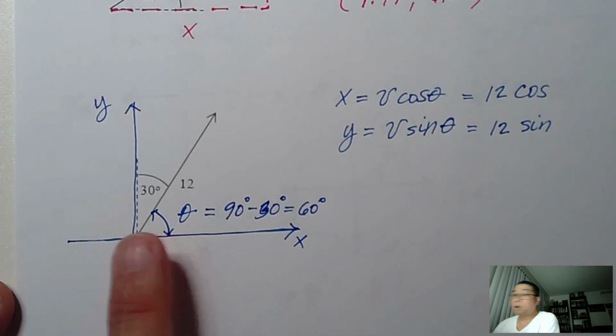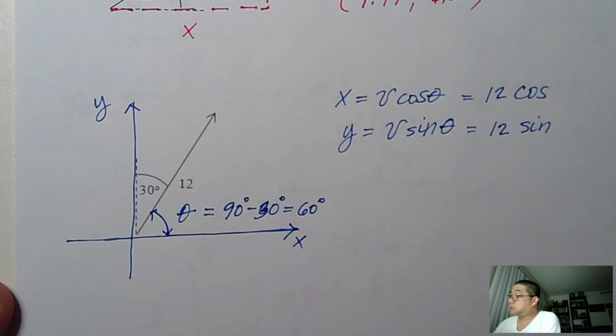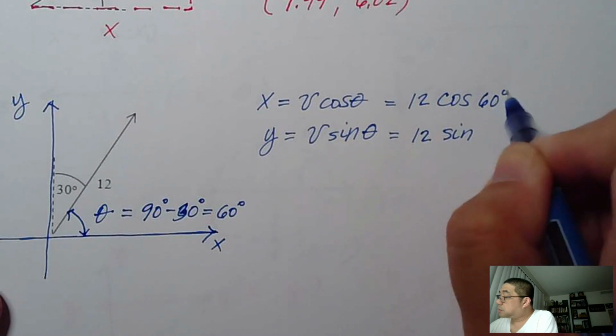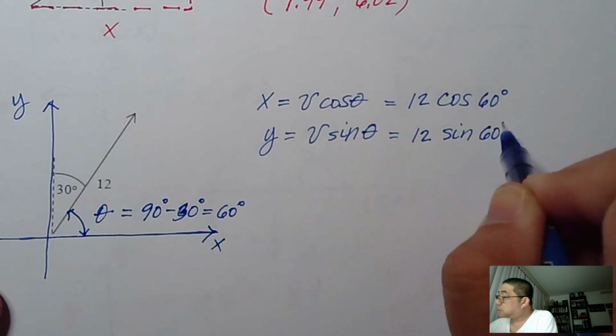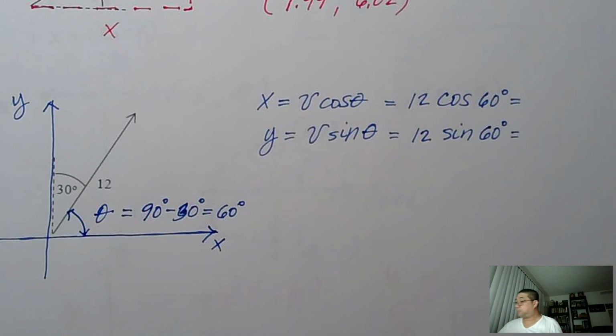So therefore we are not supposed to use 30 degrees. Instead we are supposed to use 60 degrees. By plugging in the value of 60 degrees, you will finally have your answer. So this is very simple. It is not complicated.